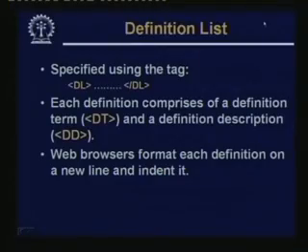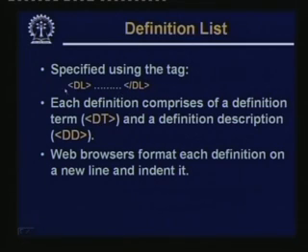But in many cases, we need to compose a set of definitions in one place. That is why this is called a definition list. Say a term and its definition, second term its definition. So, there will be a number of terms along with the definitions I want to put in a suitably formatted way with suitable indentation, so that I can have it in one place, right. So, this is what is called the definition list.